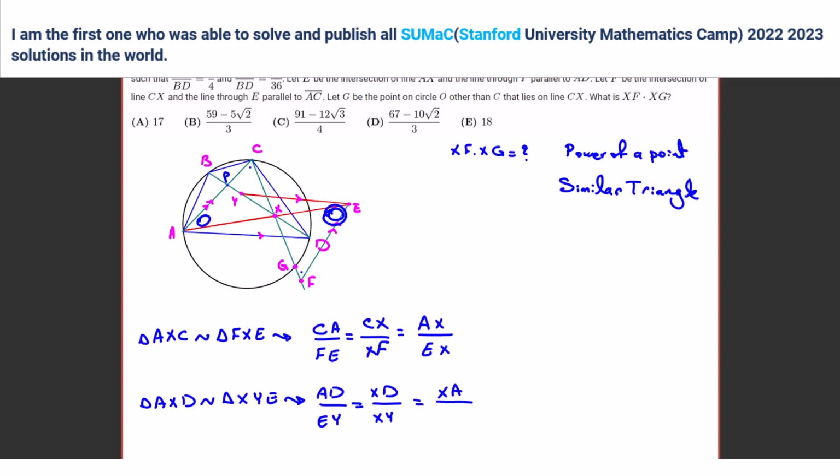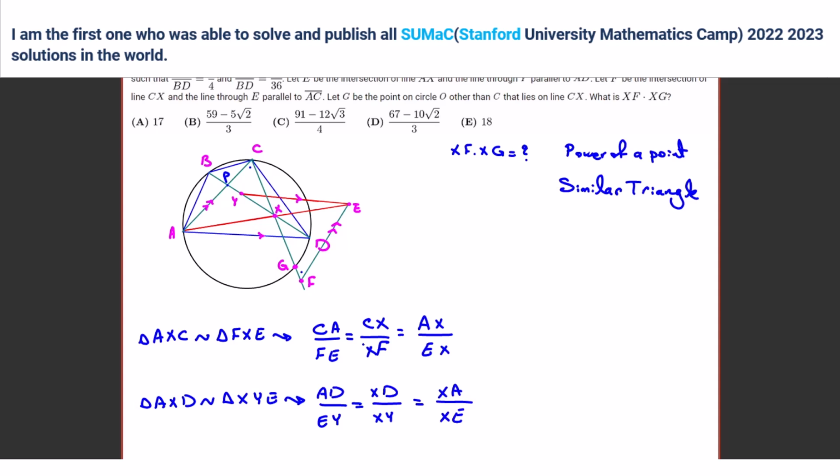Agreed? Okay, XD over XY equals XA over XE. So XA corresponds to XE.